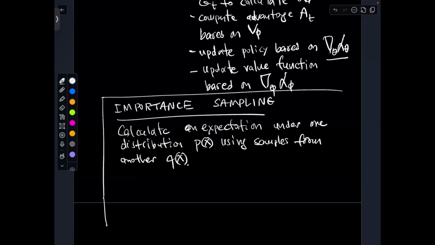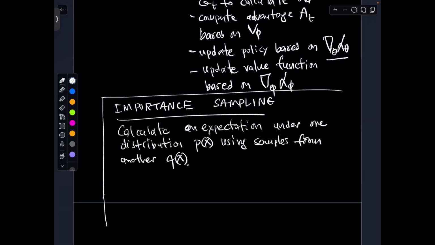So we'll see how we are actually going to be doing this and what is going to be the formula of that expectation. That is basically the formula that is absorbed inside the PPO loss function.